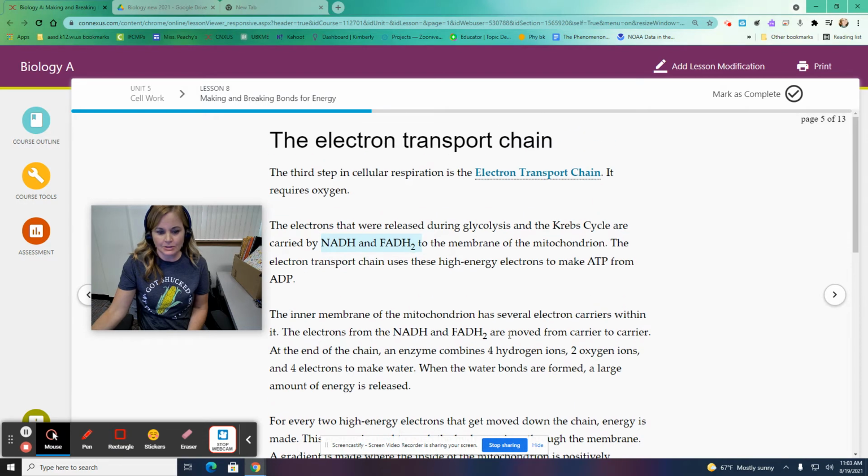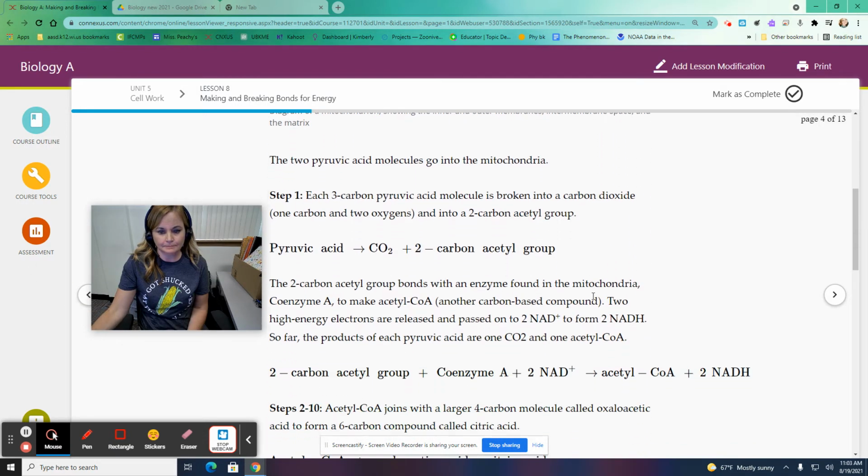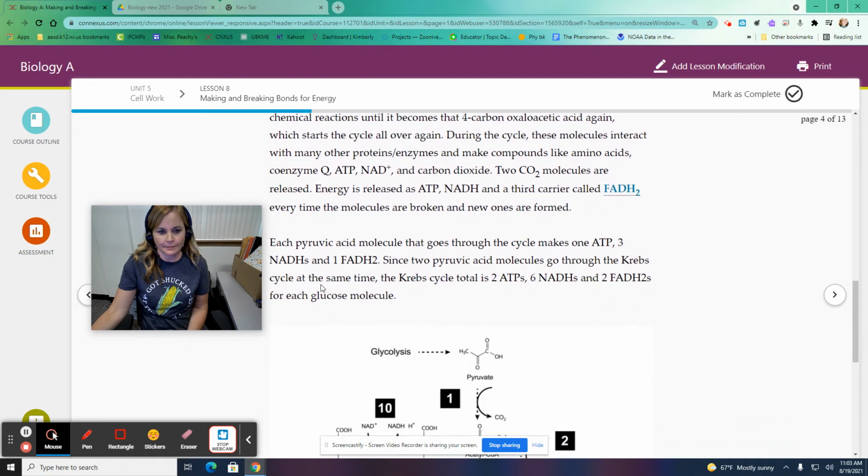Okay, so in our Krebs cycle, I'm going to go back to it for a moment here. The Krebs cycle total, this is a highlight because I want you to put this one, is 2 ATPs. It makes 2 ATPs, 6 NADHs, and 2 FADH2s.